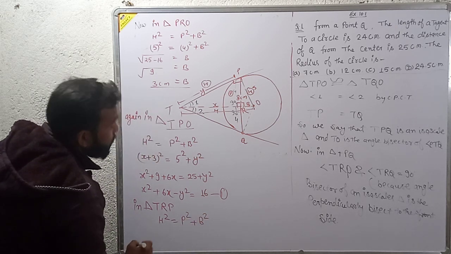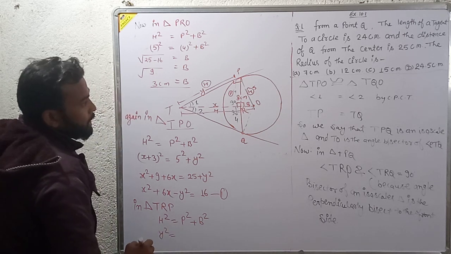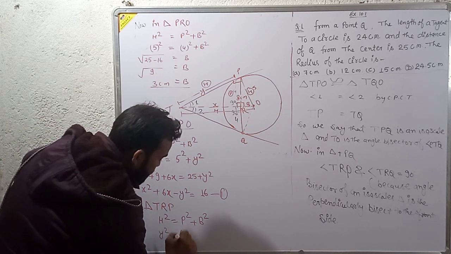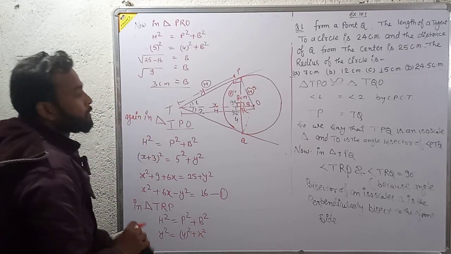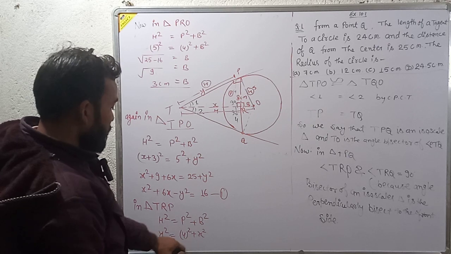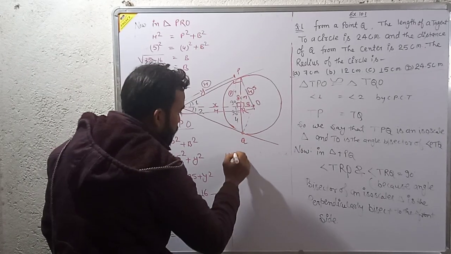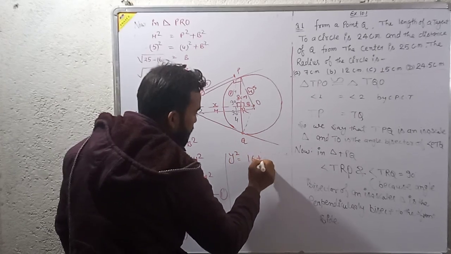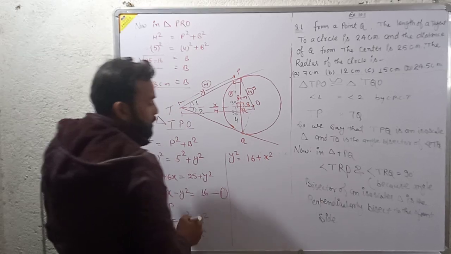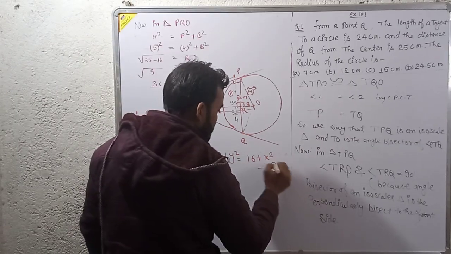Hypotenuse is equal to y, so y square is equal to 4 square plus x square. It will be y square is equal to 16 plus x square. So this is equation number second.